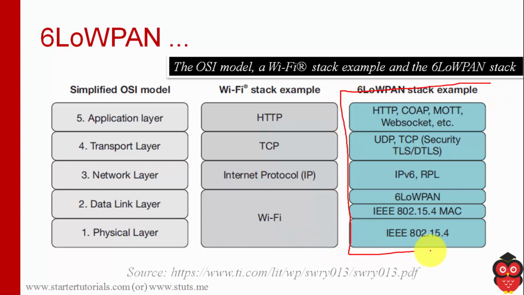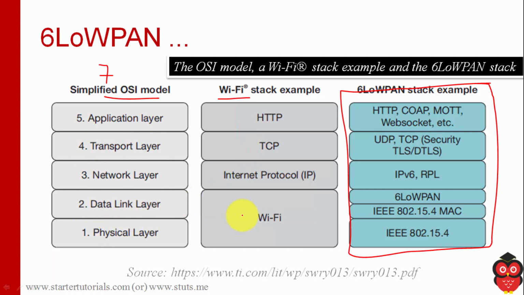The 6LoWPAN stack is on the right-hand side, and they are comparing it with the Wi-Fi stack as well as a modified or simplified OSI model. The OSI model originally has 7 layers; they have removed 2 layers and simplified it into a 5-layer model.